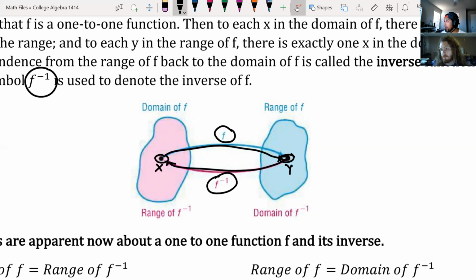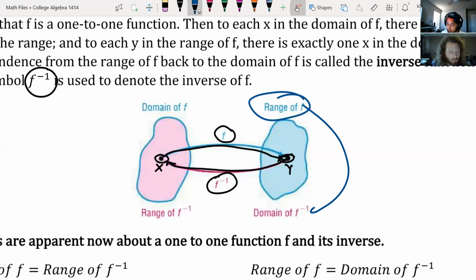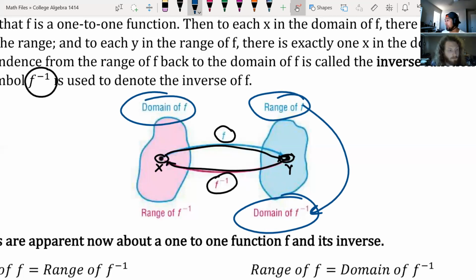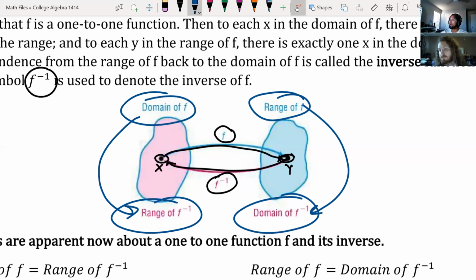Some facts are apparent about that. When you use the inverse function, the range of the original function now becomes the domain of the inverse, and the domain of the original function becomes the range of the inverse function. So whenever you find an inverse, your domain and range will switch.